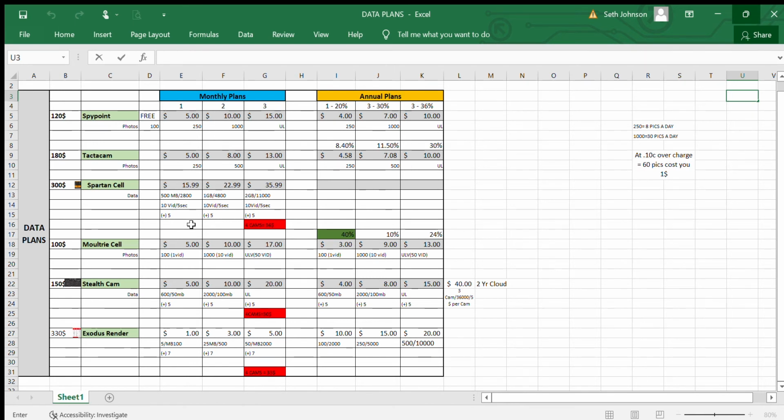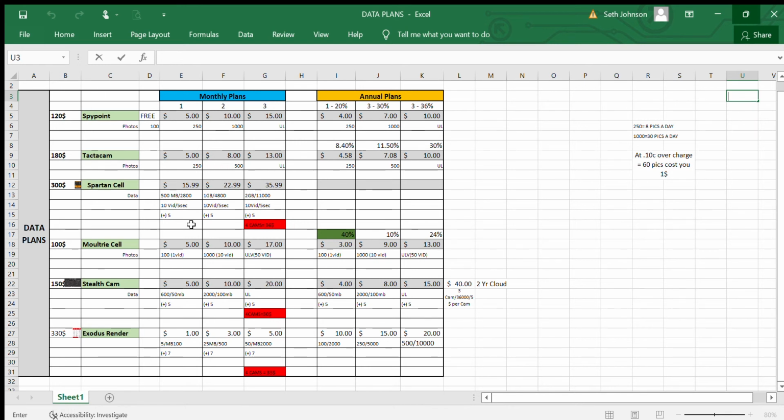But with the Spartan Cell data plan, you get 10 videos, 5 seconds apiece. Now that is pretty sweet. If you want the video option, you're not going to get that out of the standalone photo plans like Spotpoint and Tacticam. So you're talking about 2,800 pictures for $16. But the way it works is you pay $5 for each camera on the plan.